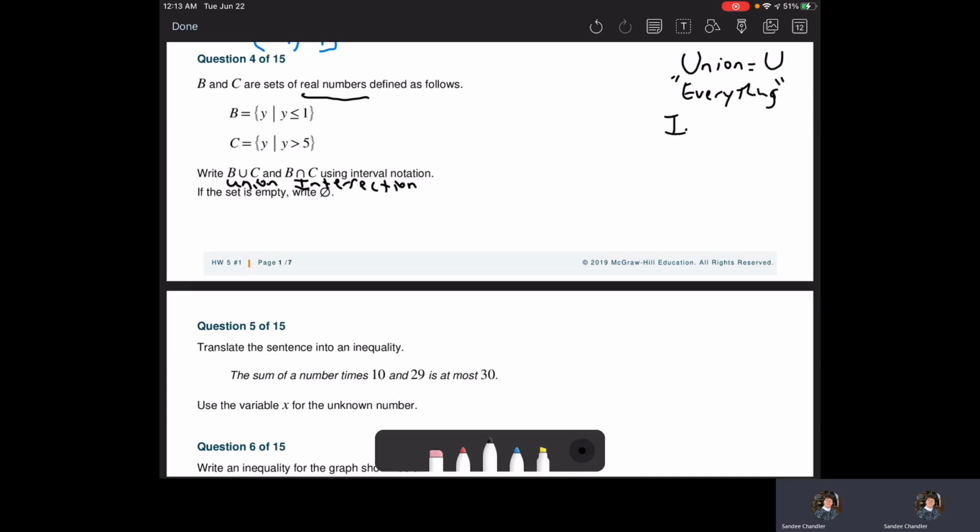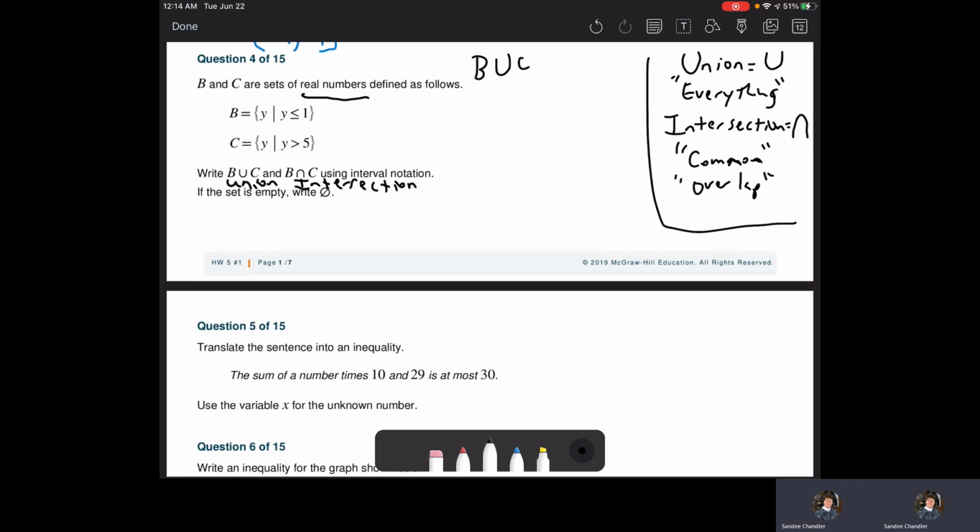And intersection, that's the upside down U. I like to think of that as what they have in common. Sometimes you can look at the overlap. What they have in common are the overlap. So let's do the union first, because that's always easier.